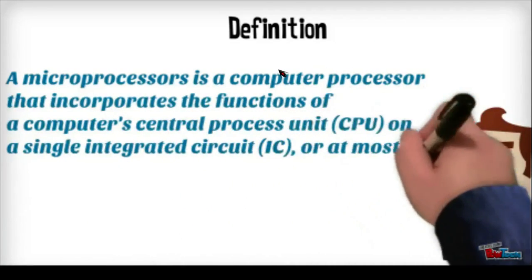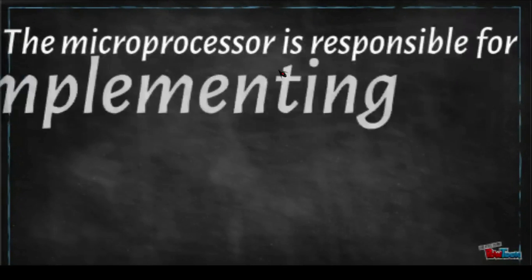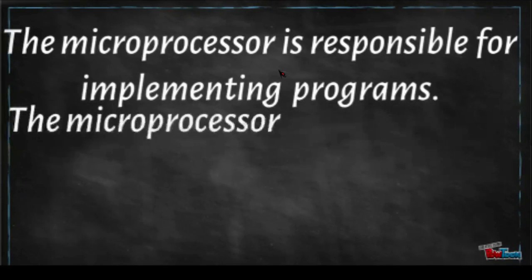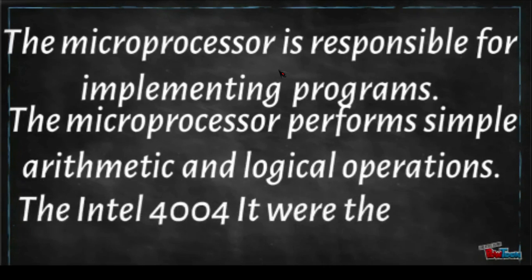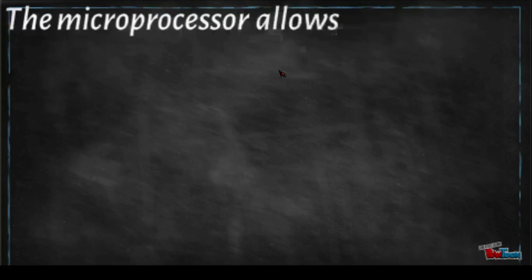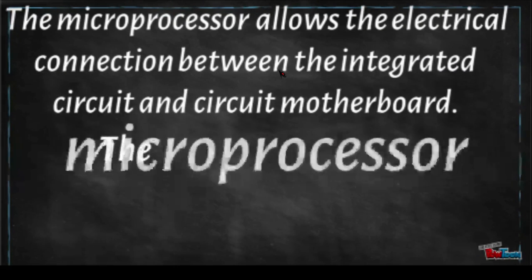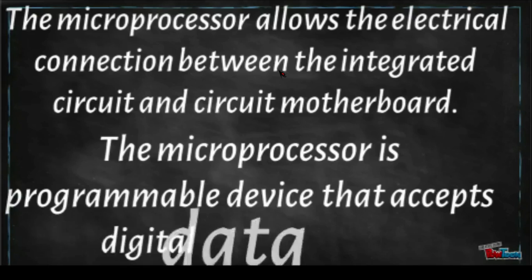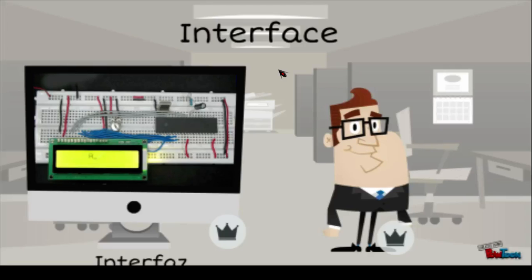The microprocessor performs simple arithmetical and logical operations. The Intel 4004 was the world's first microprocessor. The microprocessor allows the electrical connection between the integrated circuit and the motherboard circuit. The microprocessor is a programmable device that accepts digital data as input.